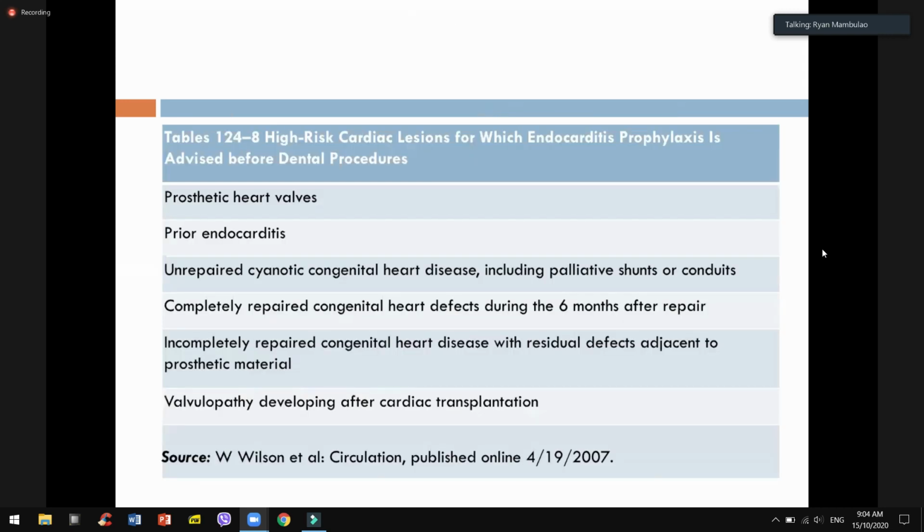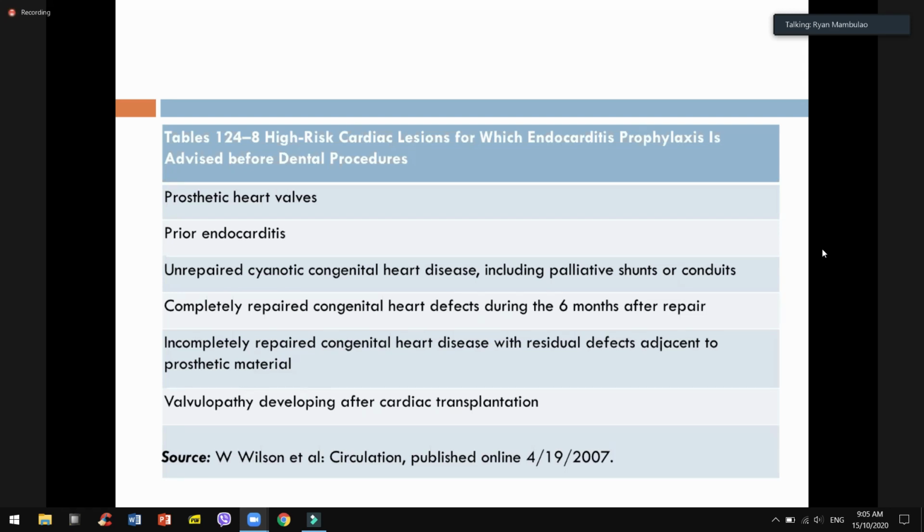And then prophylaxis, because this is common, the dentist will refer patients to you if you are a cardiologist or internist. You have to give prophylaxis if they have prosthetic heart valves, a previous history of infective endocarditis, or unrepaired congenital heart disease, or implantable devices, or cardiac valvulopathy developing after cardiac transplantation. So how do we give prophylaxis?